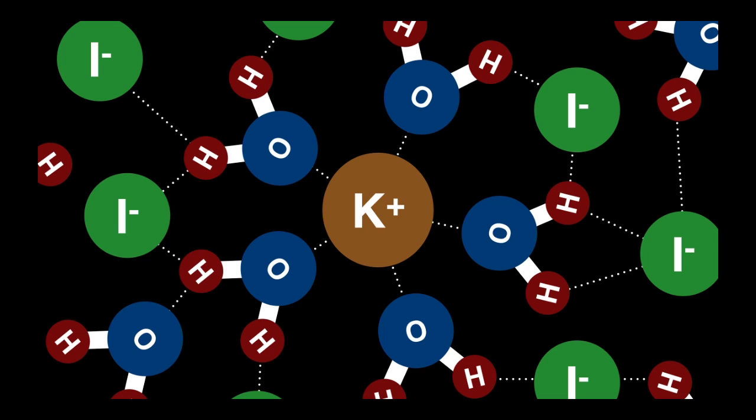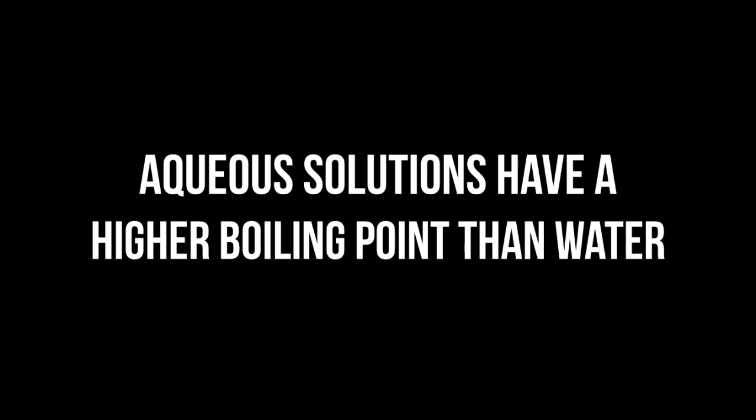The positively charged hydrogen atoms are attracted to the negatively charged iodide ions. There are lots of dipole attractions going on here, which means as a general rule, when you dissolve something in water, it's going to have a higher boiling point than it did previously. So aqueous solutions have a higher boiling point than water. Usually. Sometimes there are exceptions.